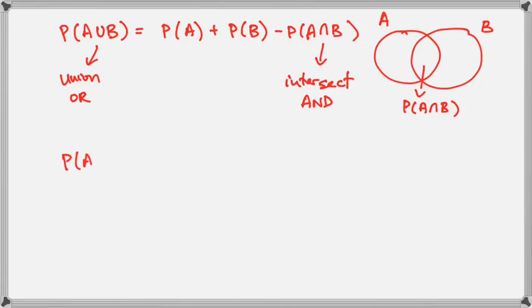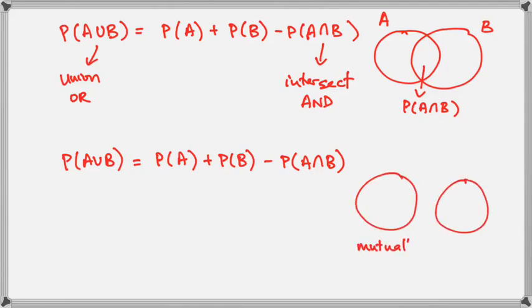So another scenario, where it's the same formula, the same general addition rule: probability of A union B equals the probability of A plus probability of B minus probability of event A intersect B. But I want to talk about a scenario when it's mutually exclusive. That means when A and B have nothing in common.